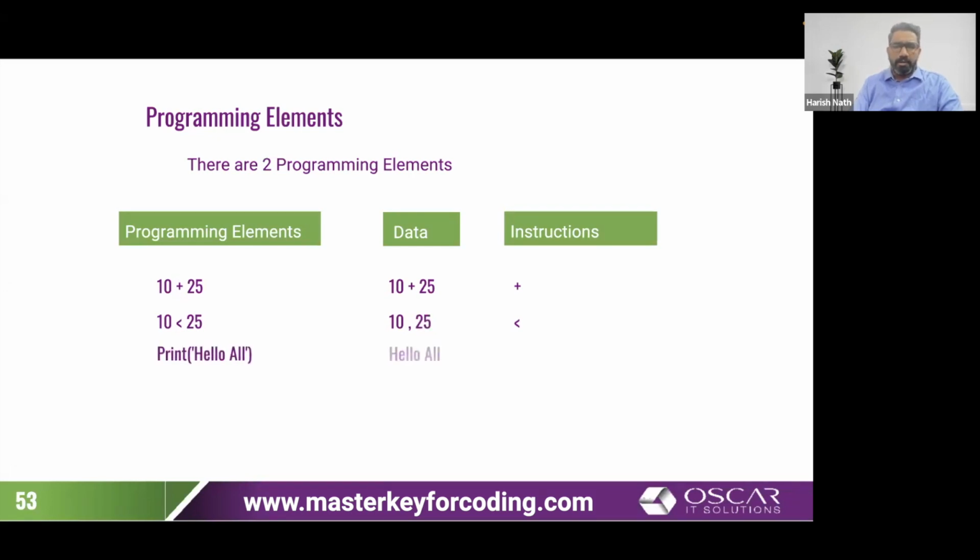Print hello all: hello all is the data, and print is the instruction we are giving. So any statement, anything in programs when we write, comprises 2 elements: one is data and the other is instructions. Integer num: integer is data, and request for memory space is the instruction.